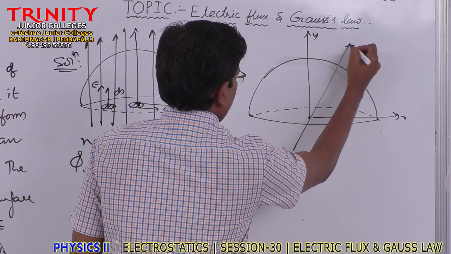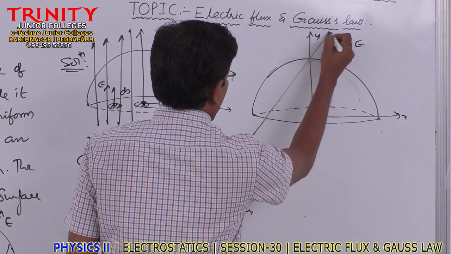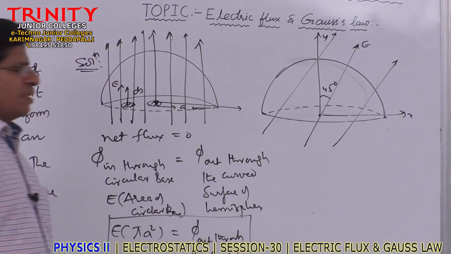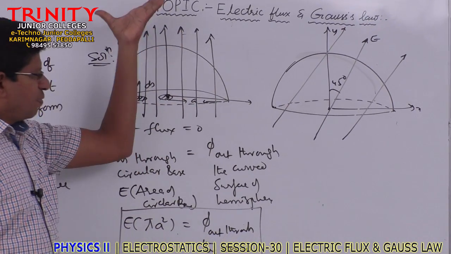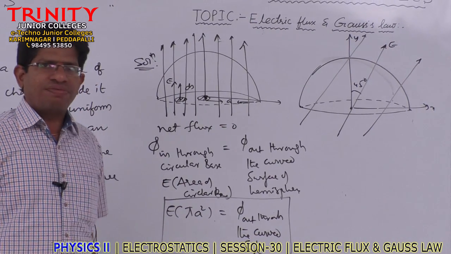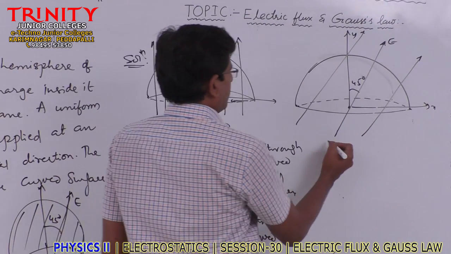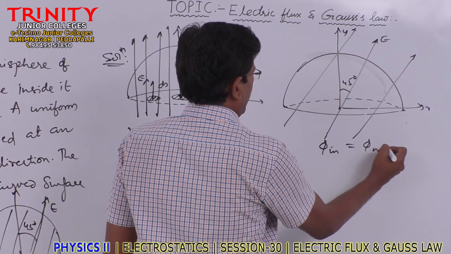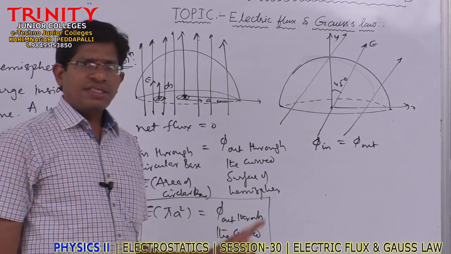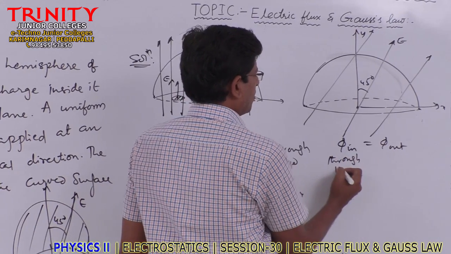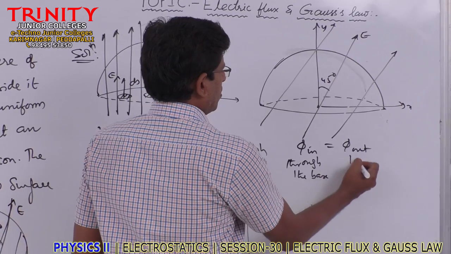The flux is entering like this at an angle of 45 degrees. Unlike this, where the area vector is parallel to the base, here it makes an angle of 45 degrees. So I can simply write flux in is equal to flux out as well, inward through the base, outward through the curved surface.